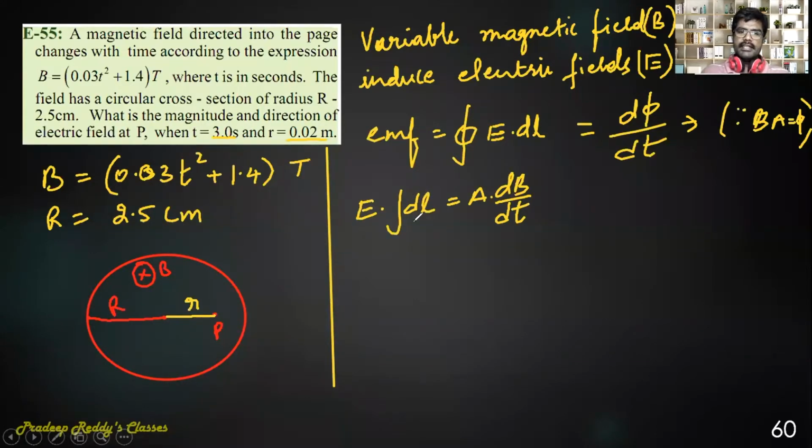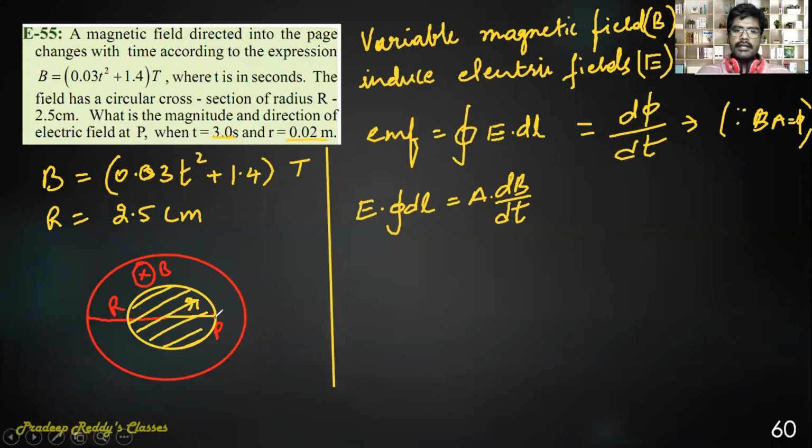And what is integration dl? Integration dl is the length of the total element which you are calculating. In this region, which is the yellow color, you are supposed to calculate electric fields.